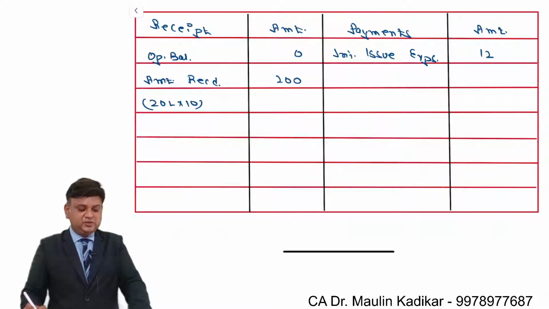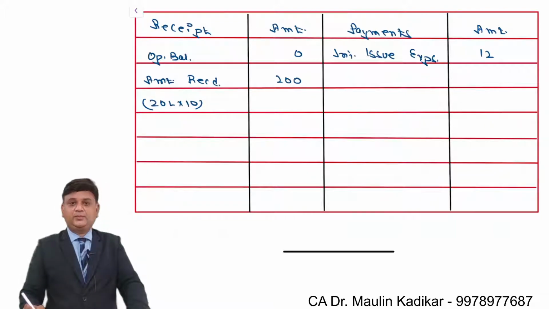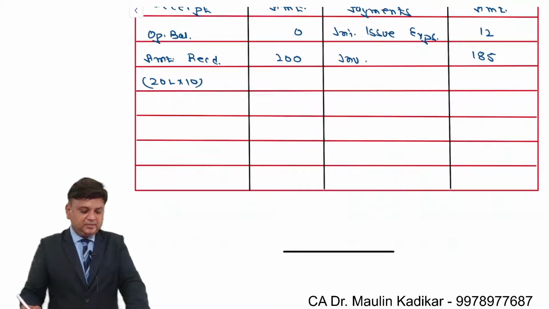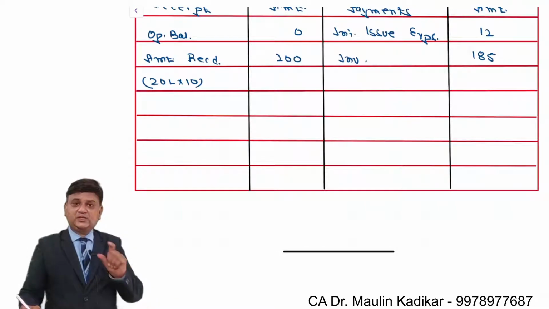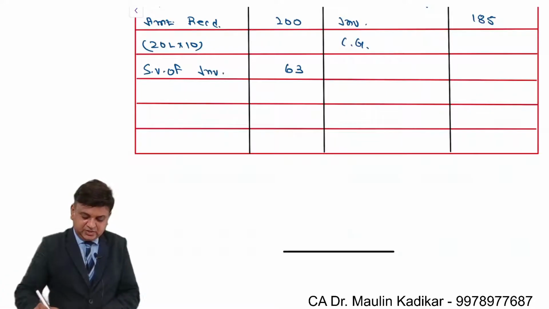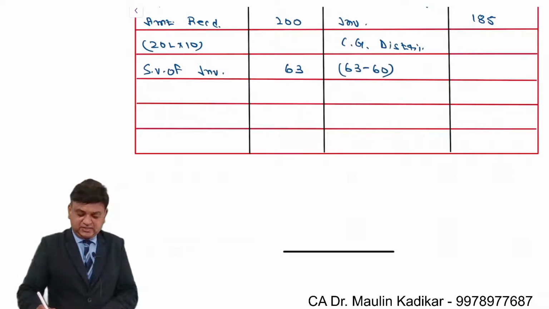Then it invested the funds so raised in the capital market to build a portfolio of 185 lakhs. During the month, it disposed of some of the investment costing 60 lakhs for 63 lakhs. So sale value of investment is 63 lakhs. Then capital gain distribution: 63 minus 60, that is 3 lakhs, into 80 percent.